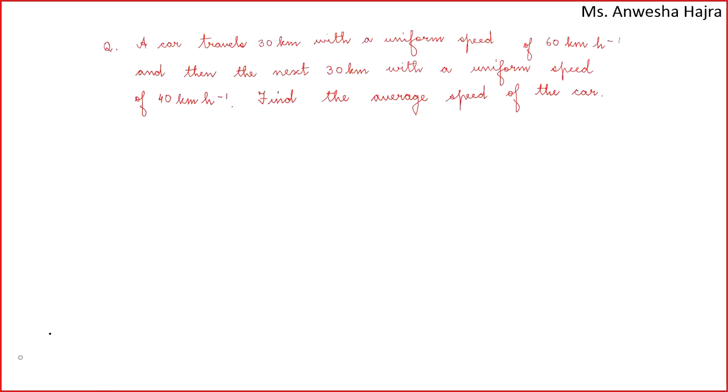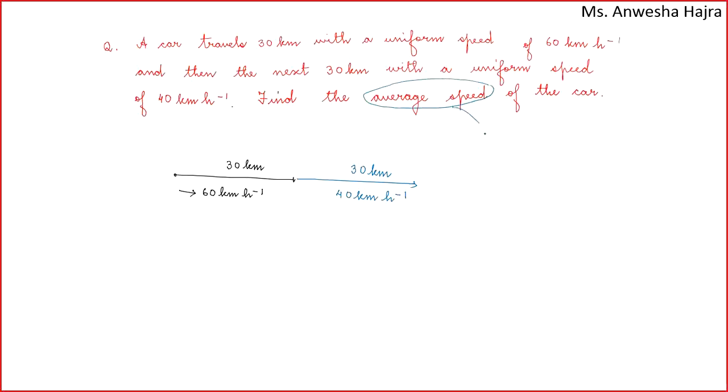Now, as per the sum, the car travels the first 30 kilometers with a speed of 60 kilometer per hour, and then the next 30 kilometers with a speed of 40 kilometer per hour. We have to calculate the average speed.